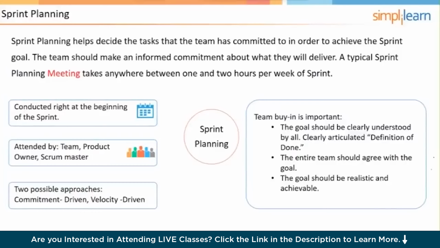Okay, the sprint planning meeting. This is conducted at the beginning of a new sprint. It's attended by the team, the product owner, and the Scrum Master. And there are 2 approaches to deciding what's going to be included in the sprint. It can be based on commitment, and it can also be based on velocity.